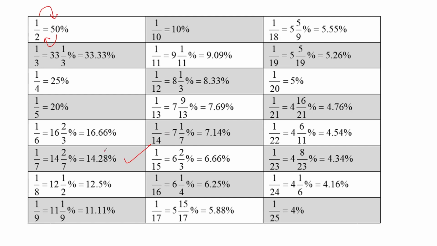But if you know that 14.28% is nothing but 1 by 7, then you can easily calculate the profit as 49 by 7, that is 7 rupees. So basically, the selling price must have been 56 rupees.